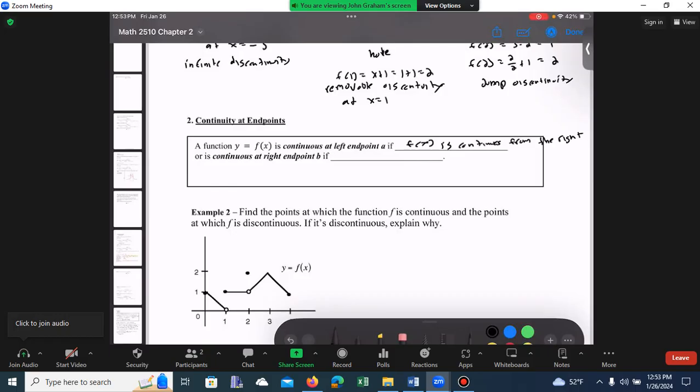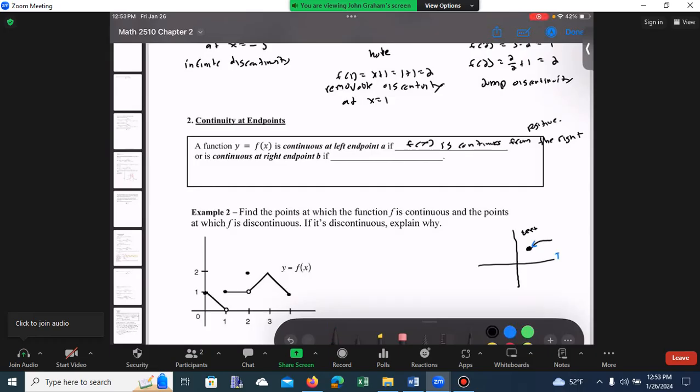You can think of this as the positive side. So I'm just going to draw a quick graph. This is your left endpoint since it's left of the graph. As long as we're continuous coming in from the right, which is the positive side, it's continuous.